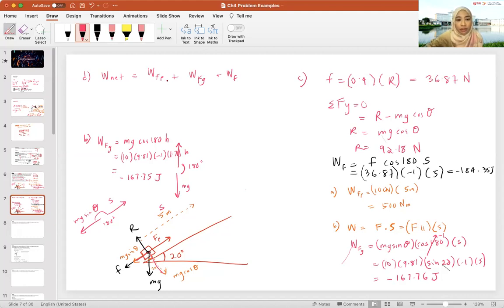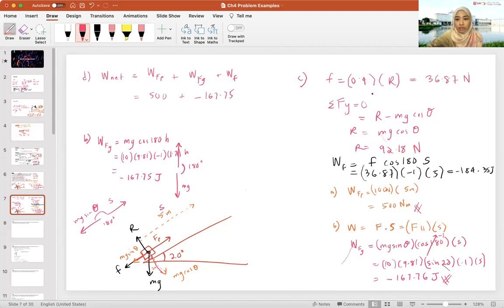Okay, so we have work done by pulling force, by Fg, and then by friction. Are we missing anything? Okay, so work by the pulling force is 500. And then work done by Fg, stick to one axis. We're using S as our axis. So this is, what was it? Minus 167.75. Over here.